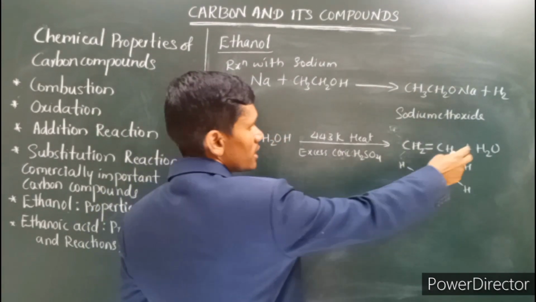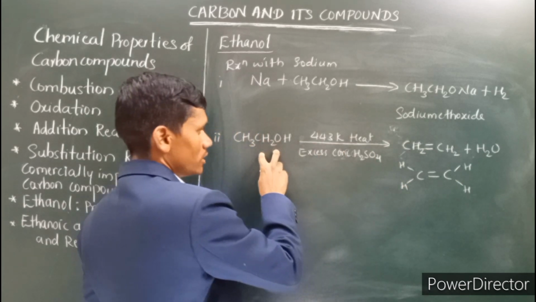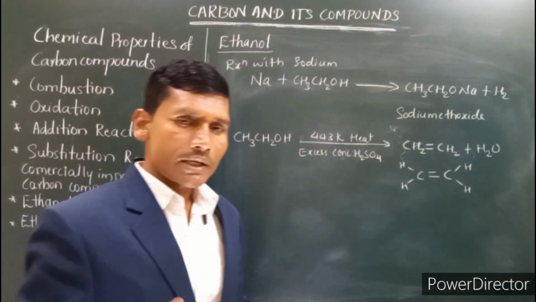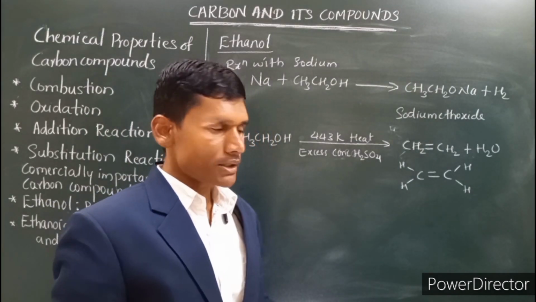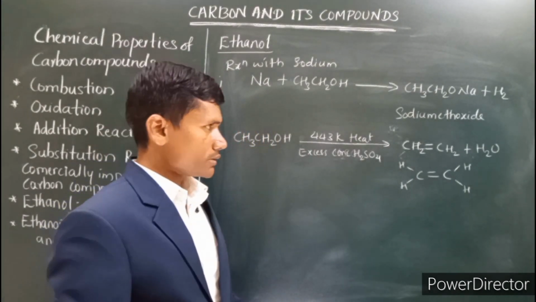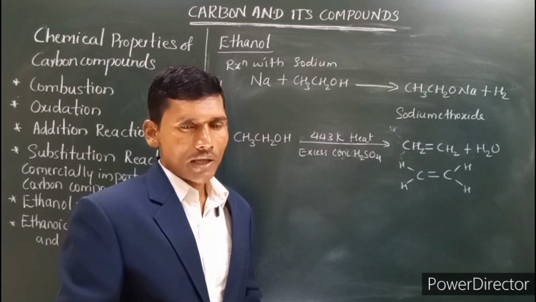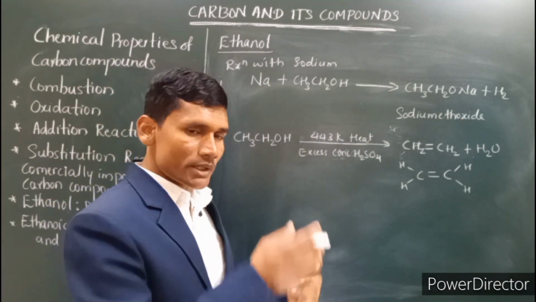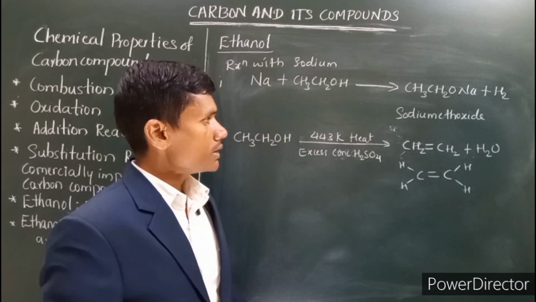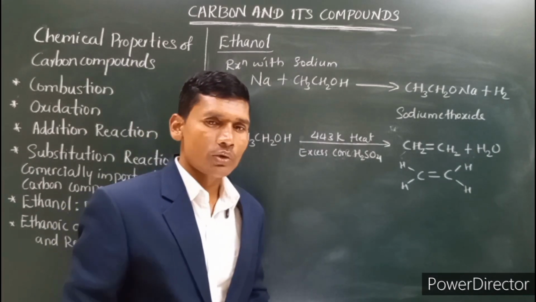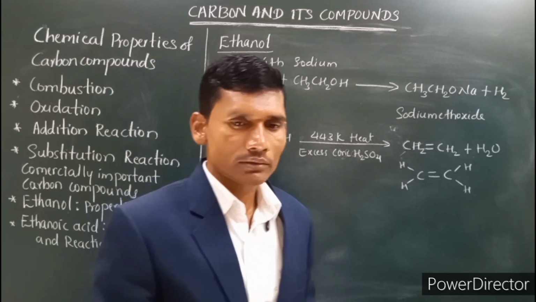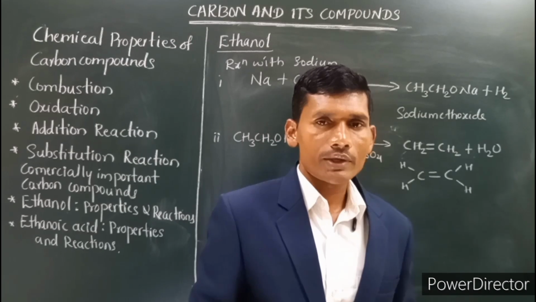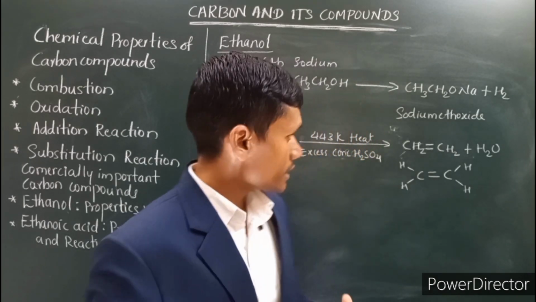This sulfuric acid is removing the water from ethanol, so we can consider concentrated sulfuric acid a dehydrating agent, right? So these are the reactions of ethanol: heated at 443 Kelvin it changes to an unsaturated hydrocarbon, and with sodium it forms sodium ethoxide along with the evolution of hydrogen gas.